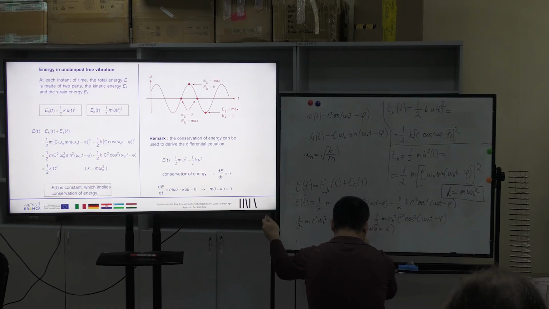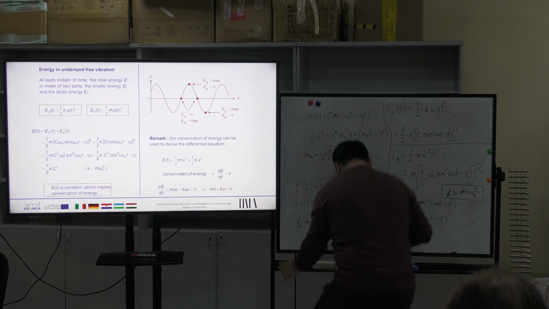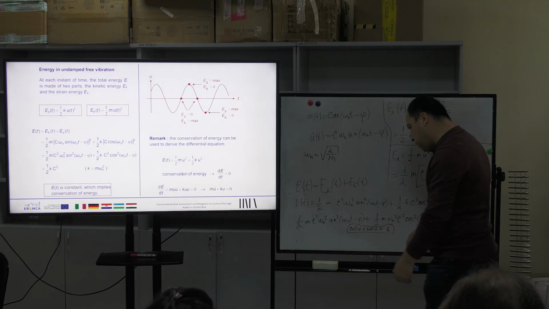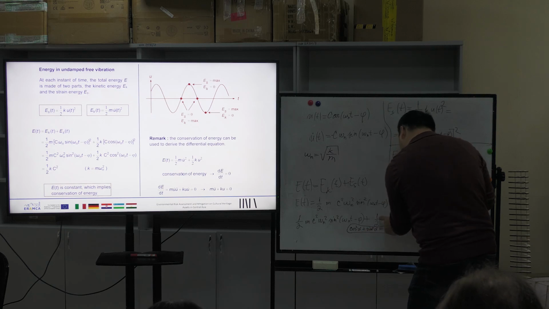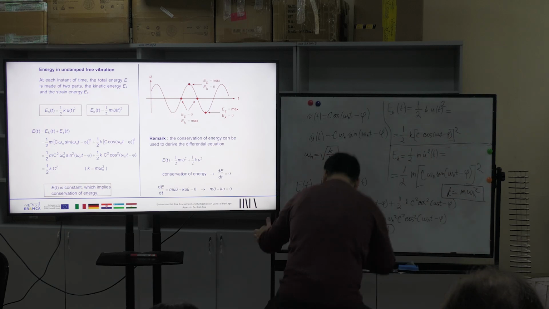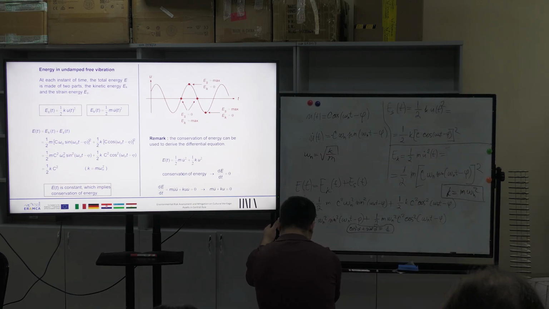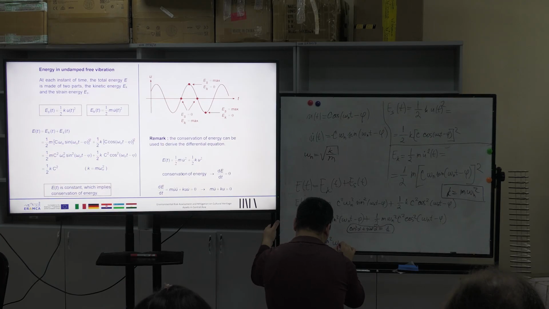Did you remember this formulation? That's why if we take this part outside, it will become 1 over 2 m c squared omega n squared product 1.